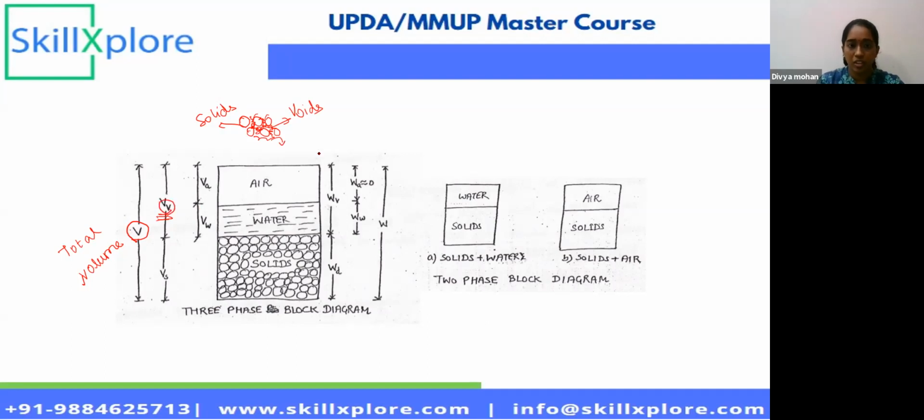As we know, the volume of voids is a combination of the volume of water and the volume of air. VW is the volume of water, VA is the volume of air, and on this side VS is the volume of solids.